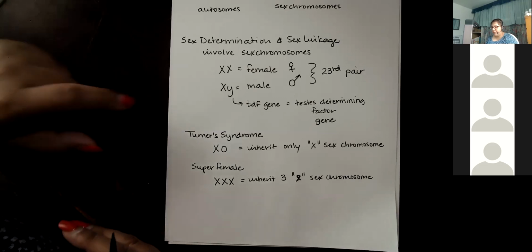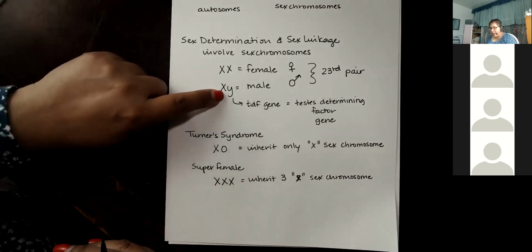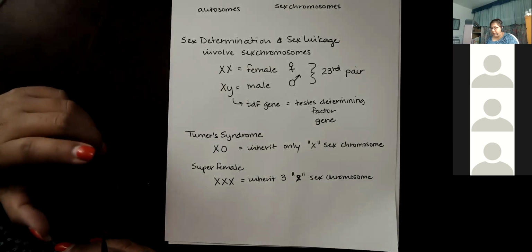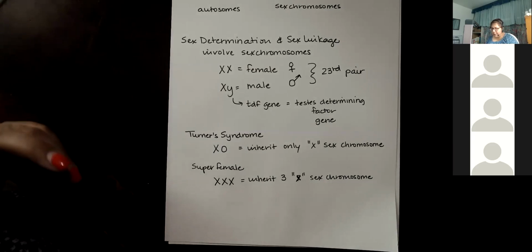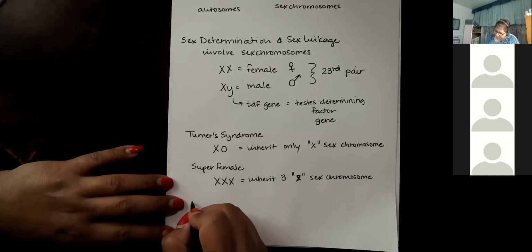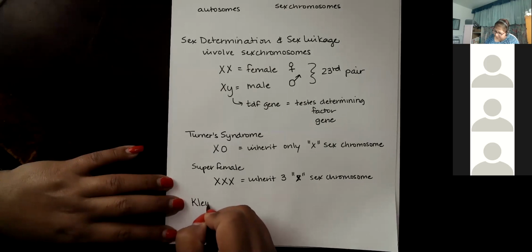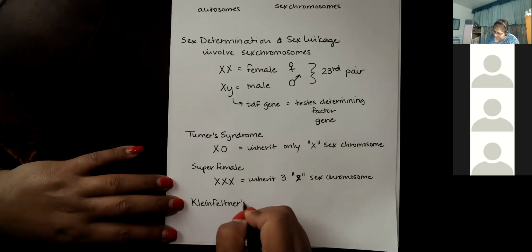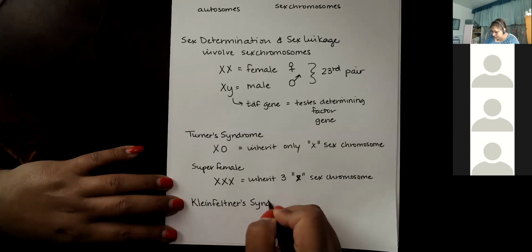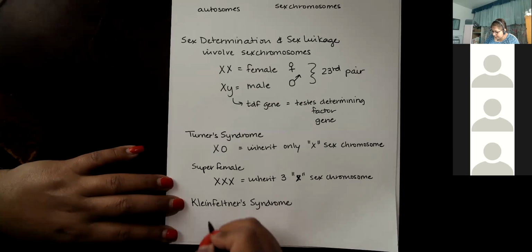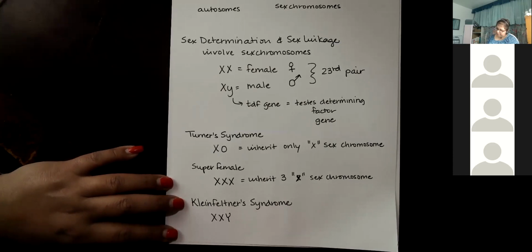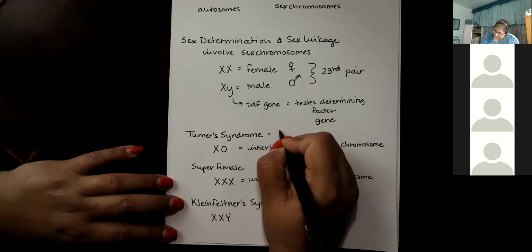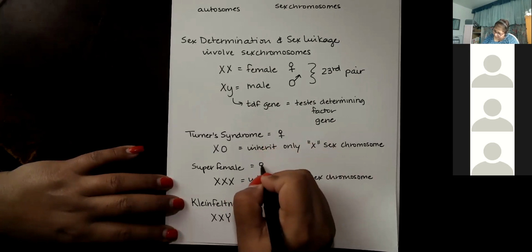Now, is it possible to inherit Y only? Or can you get more than one X and still inherit Y? Well, there's something called Klinefelter's syndrome, where these individuals inherit two X's and a Y. These are female, these are female.